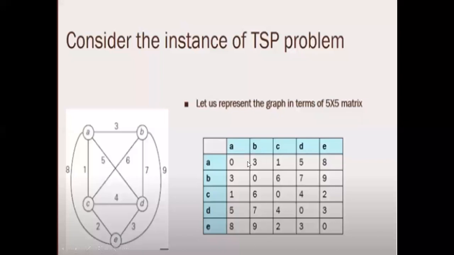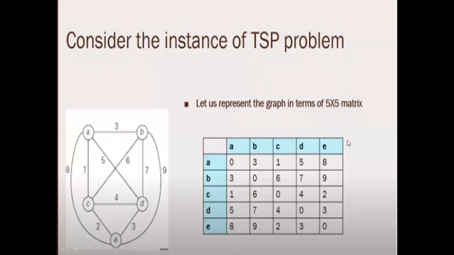In the 5 cross 5 matrix, there is no path from A to A, so it is 0. There is a path from A to B, and whose distance, or you can also say cost. It can be either distance or it can be cost, right? So let us consider it as a cost. The cost of traveling from A to B is 3, and from A to C is 5. From A to E, yes, there is a path from A to E, it is 8.